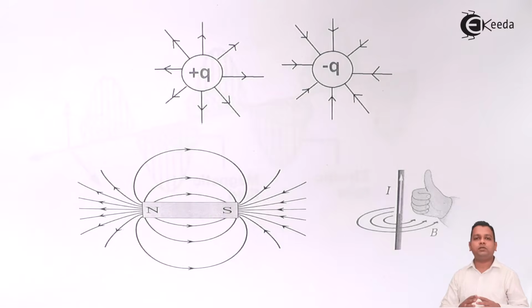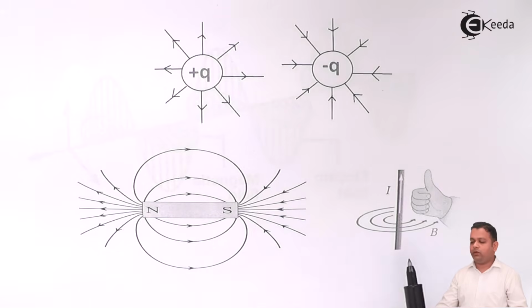Now, in case of charged particles, the charge in static condition produces electric field, whereas when it is in dynamic condition, when it is in motion, we say it is flow of current. So, if we have a conductor carrying current in a particular direction, that conductor will be surrounded by magnetic flux lines.